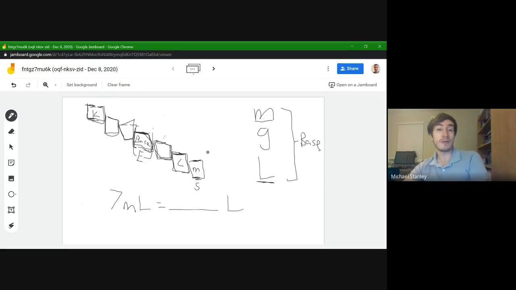So first off, how many steps on our ladder do we have to take in order to go from milliliter to liter?